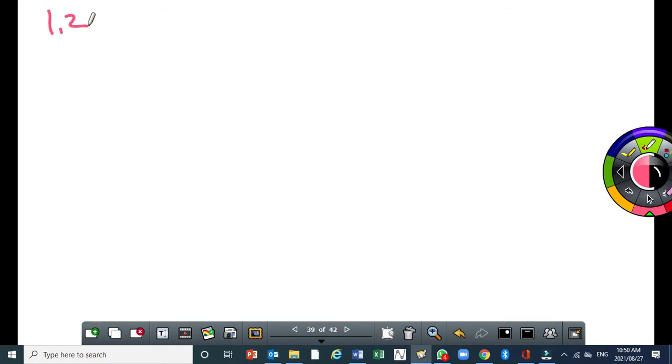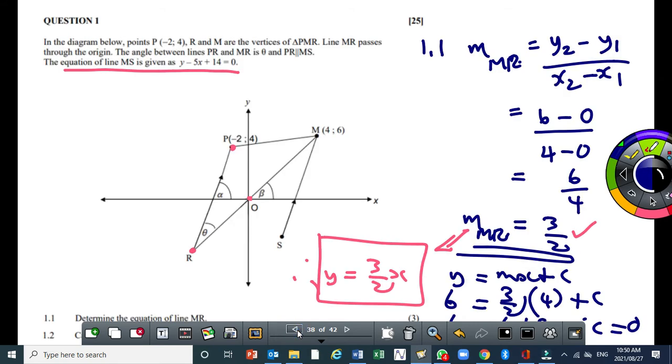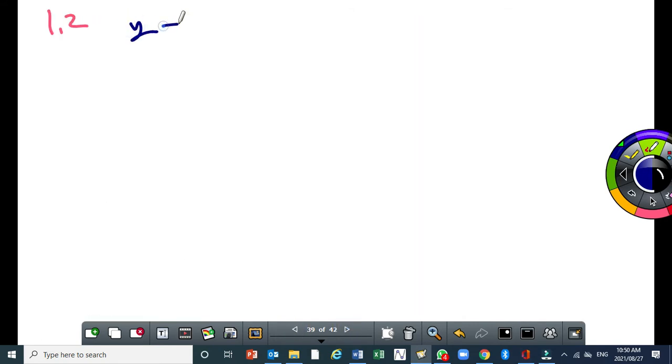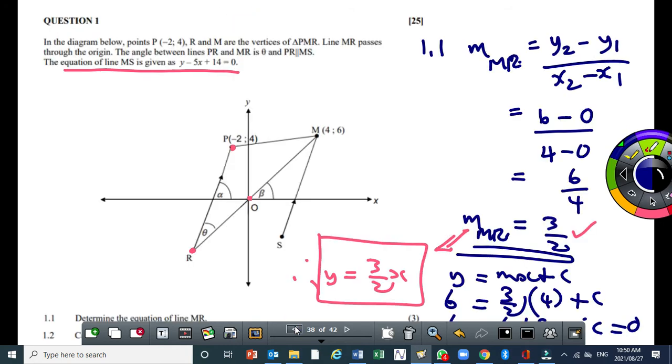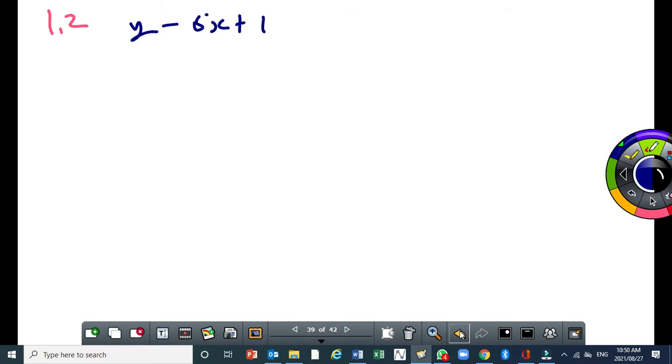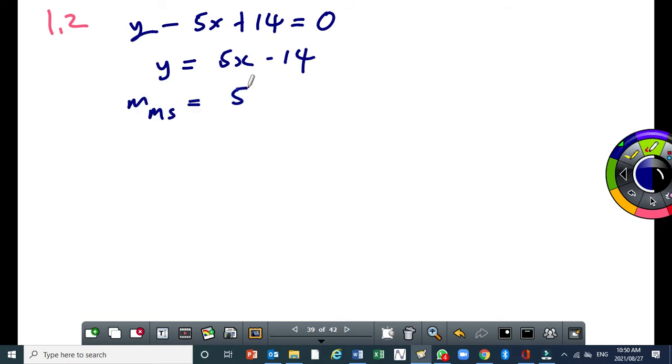From y minus 5x plus 14 equal to 0, if I make y the subject, you get y equal to 5x minus 14. Therefore, the gradient of MS is going to be what? 5. Right?